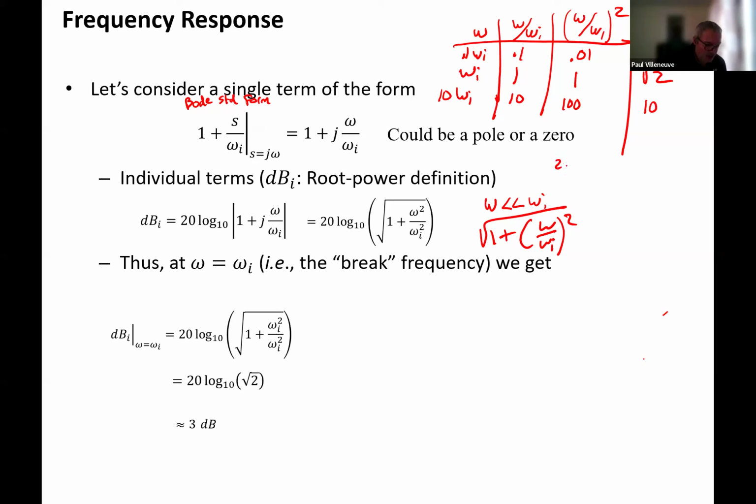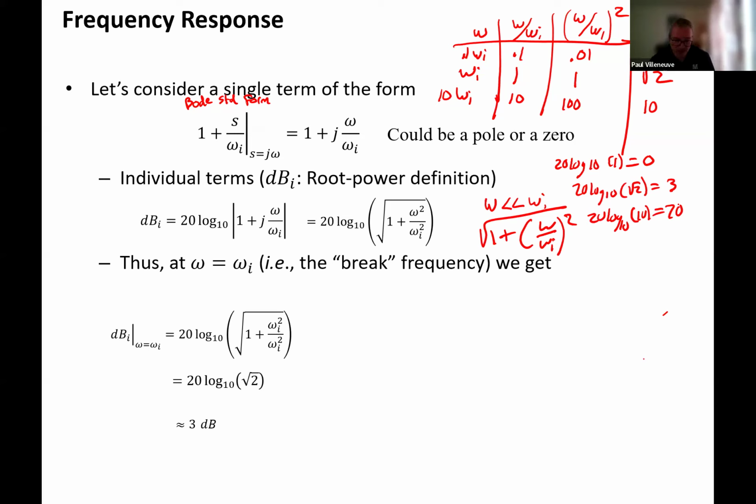So when I do my 20 log 10 of 1, I get 0. When I do my 20 log 10 of the square root of 2, I get 3. When I do 20 log 10 of 10, I get 20.